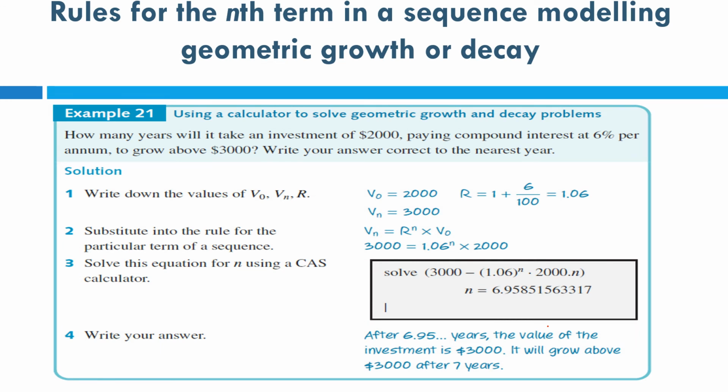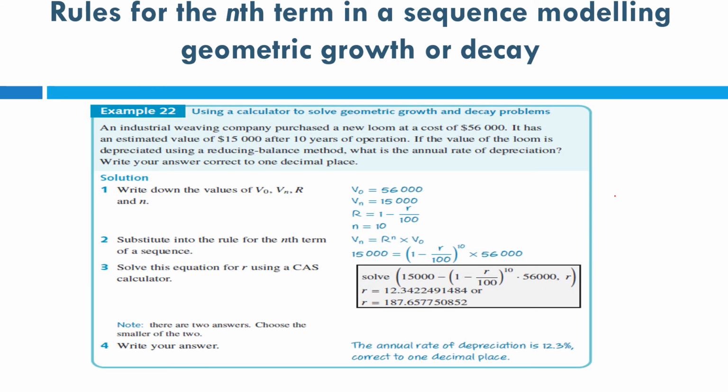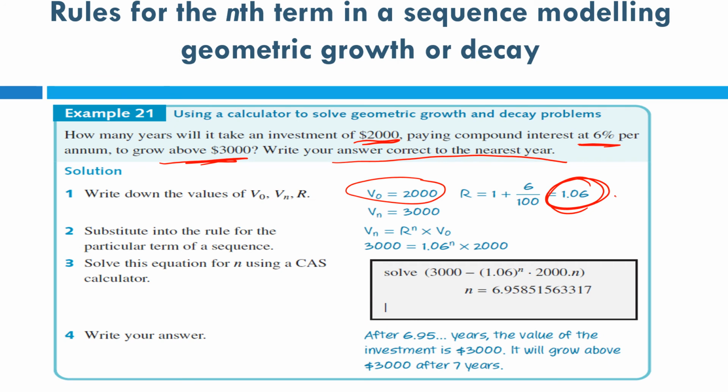Another example. How many years will it take an investment of $2,000, so we're giving money to the bank, so it's got to grow, paying compound interest of 6% per annum to grow above $3,000. Write your answer correct to the nearest year. So our initial investment is $2,000. Our interest rate is compound, so big R is 1 plus 6 on 100, so we get this. And, oops, my fault, go back up. So my initial investment was that, and they want it to grow to 3,000.